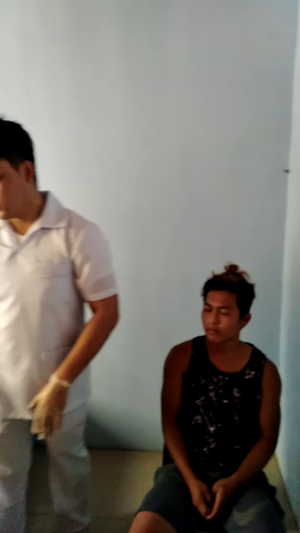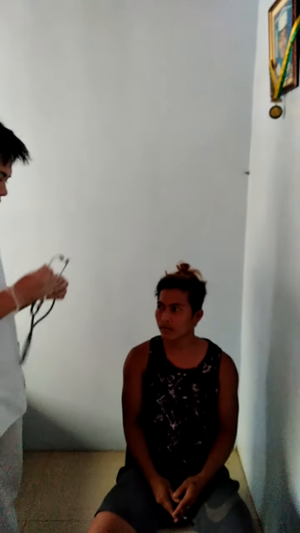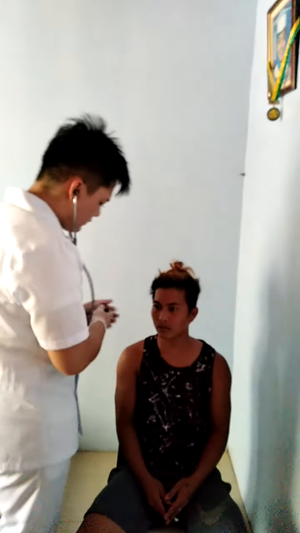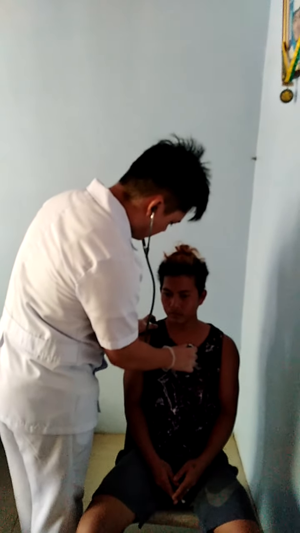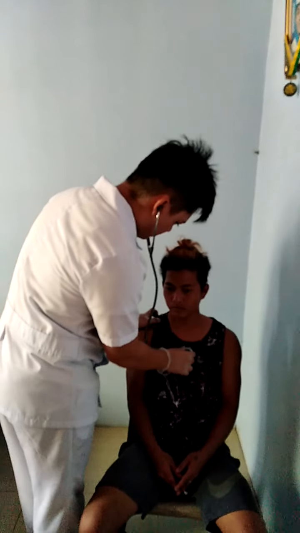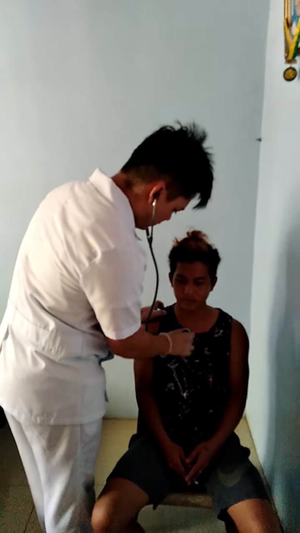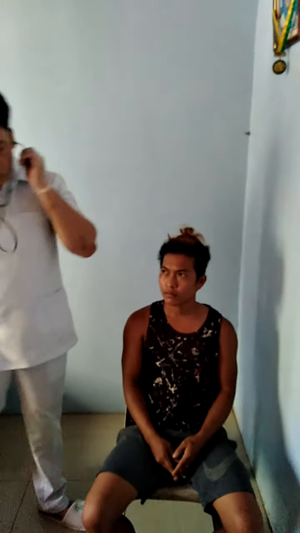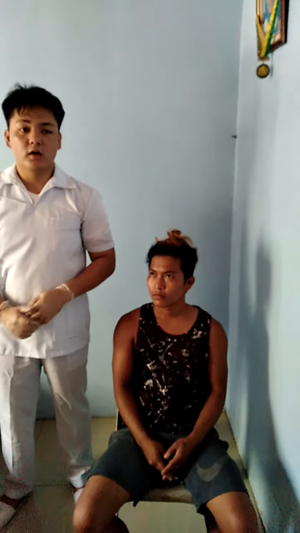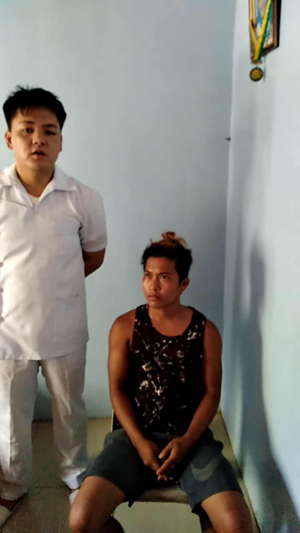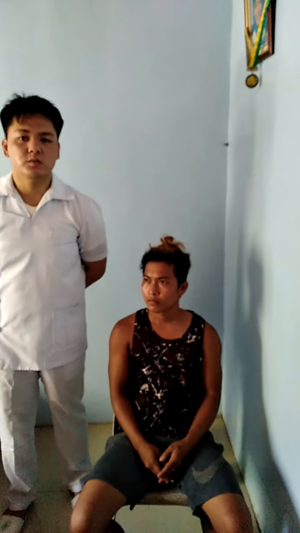Then next is to auscultate for any breath sounds. So upon percussion and auscultation, bronchial and bronchovesicular sounds are being heard, and there are no adventitious sounds heard over the chest of the patient.